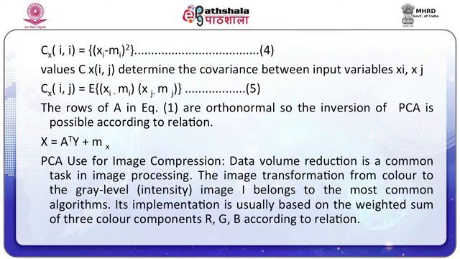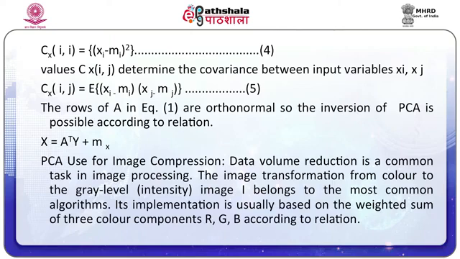As the vector of input variables is n-dimensional, it is obvious that the size of Cx is n by n. The elements Cx ii lying in its main diagonal are the variances, Cx ii is equal to E{(xi minus mi)^2}.